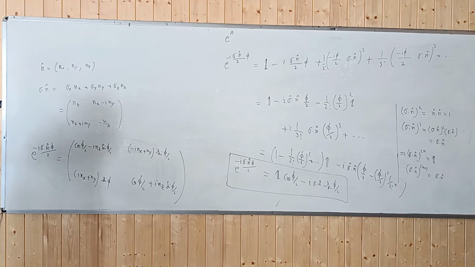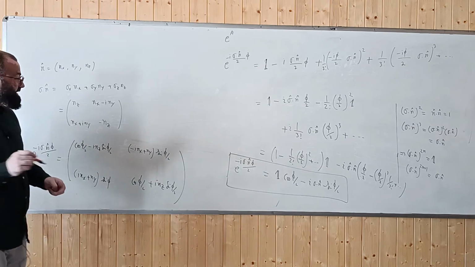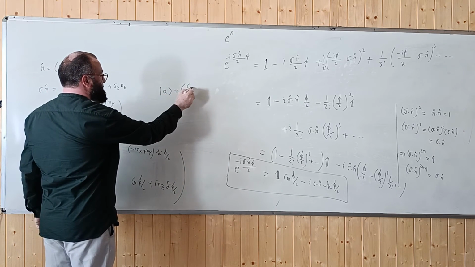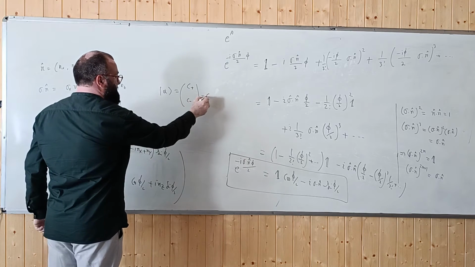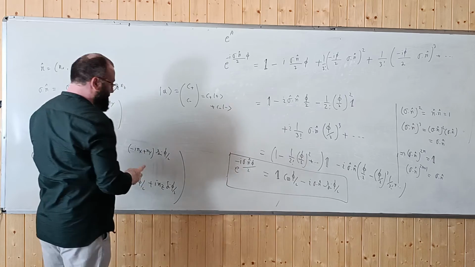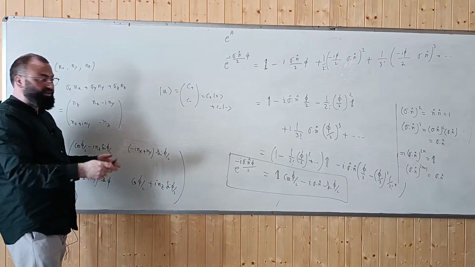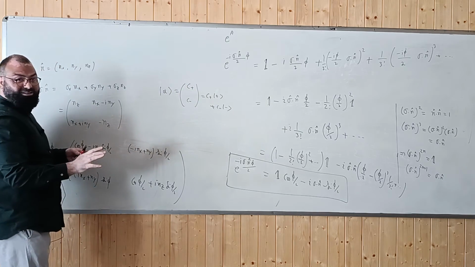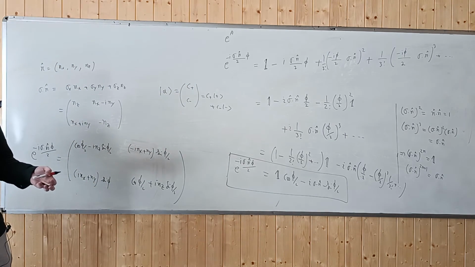Now if you have some arbitrary state, let's say it is c plus, c minus, equal to c plus c minus column vector. You can rotate it along an arbitrary direction. Just act this object on this column vector, and you will get another column vector, rotated along any arbitrary direction.